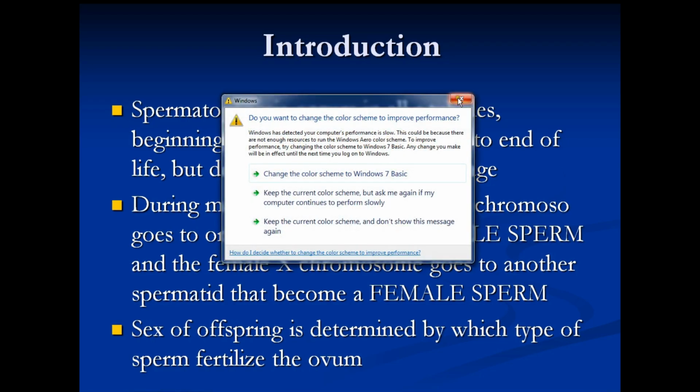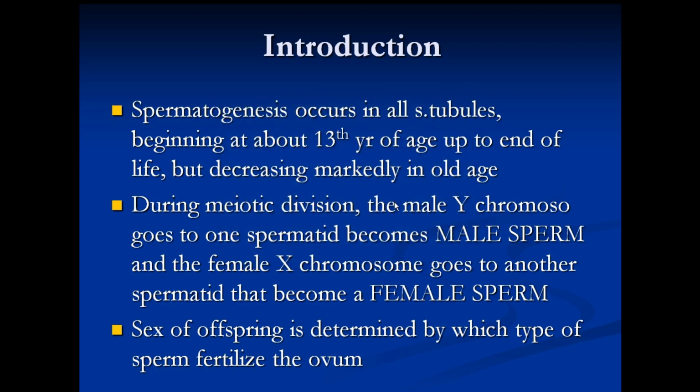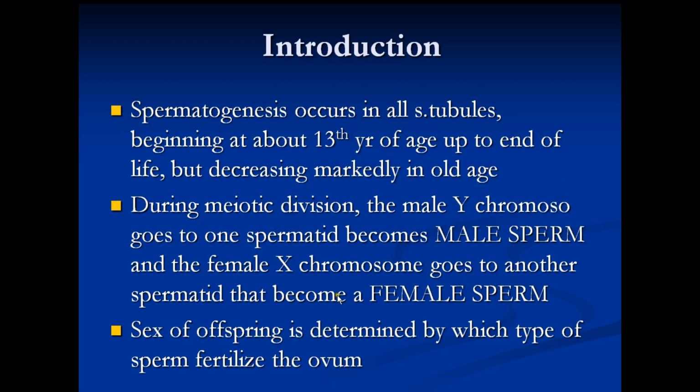During the meiotic division, the male Y chromosome goes to one spermatid and becomes the male sperm, and the female X chromosome goes to another spermatid that becomes the female sperm. The sex of the offspring is determined by which type of sperm fertilizes the egg.